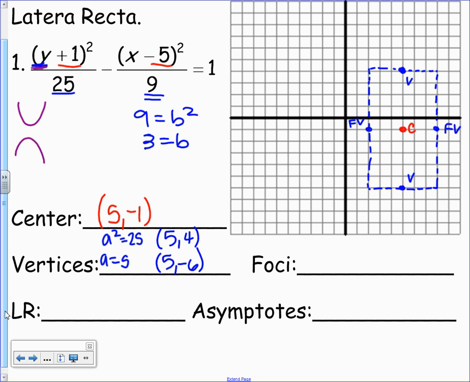I already know, based on my center, that my asymptotes are going to be y plus 1 equals plus or minus, and then x minus 5. My center is already there. I just need to find my slope. If I find the slope, I have to go through the corners of this box. That's my slope. So to come up with the line, I'm going to go down 1, 2, 3, 4, 5 over 1, 2, 3.